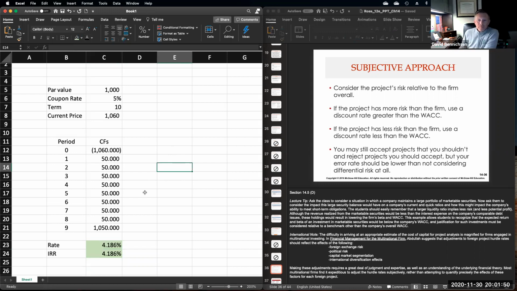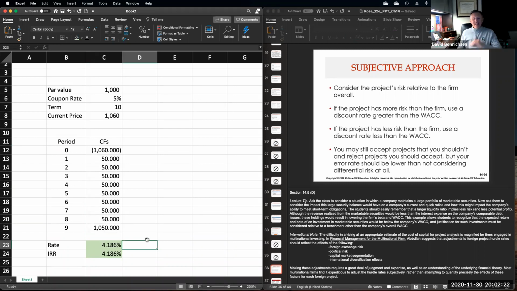Okay. So now we brought it full circle. And if you're not clear and this isn't sinking in, I want you to go back and watch this lecture again. Think about the concept of cash flow streams, the concept of NPV, the concept of IRR, what yield to maturity means.